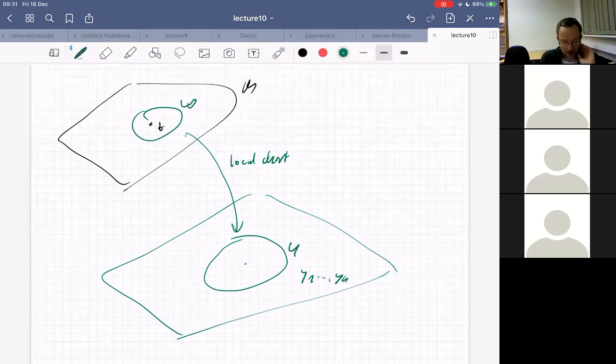So this is like some set U in Rn, and my function f is equal to y1, ..., yn.